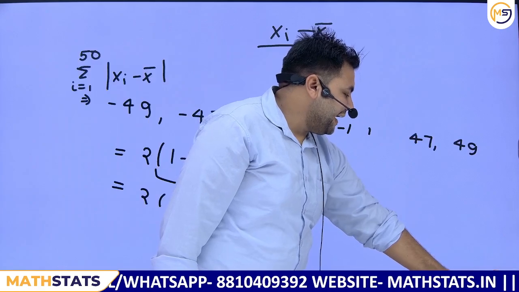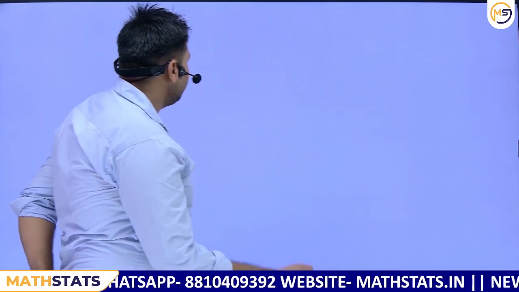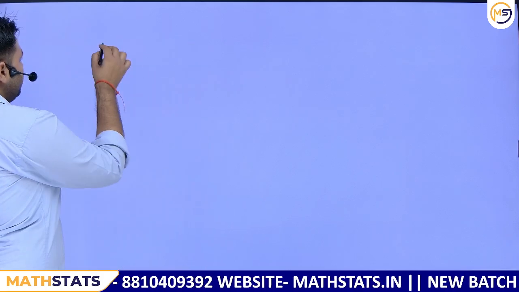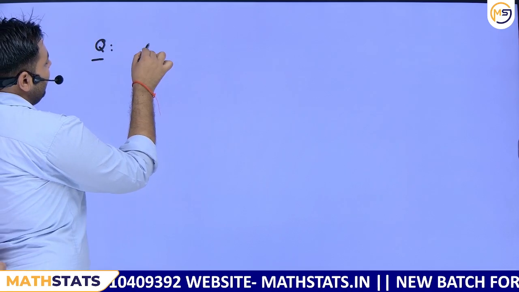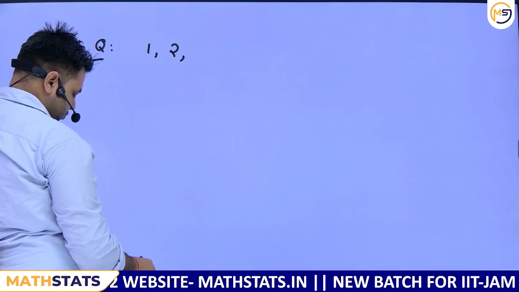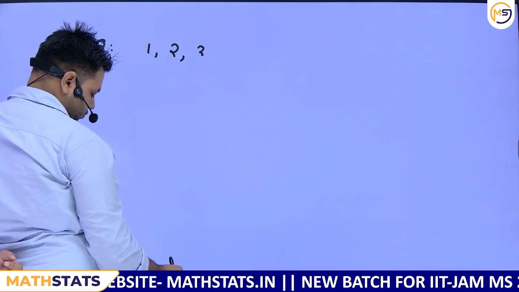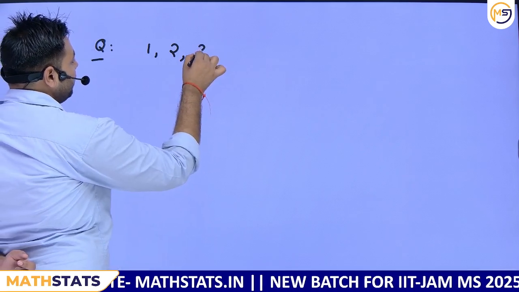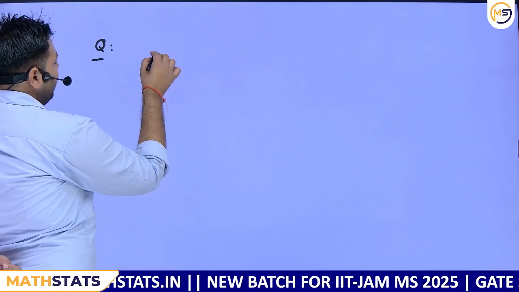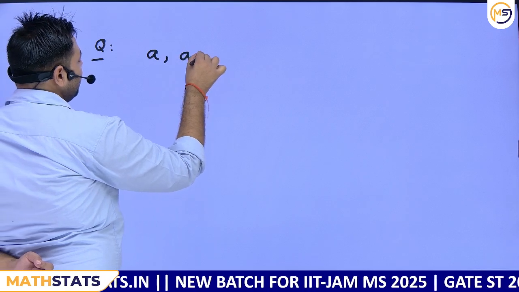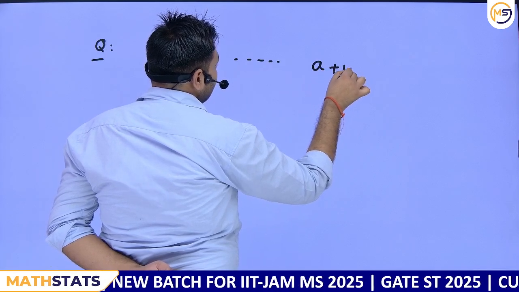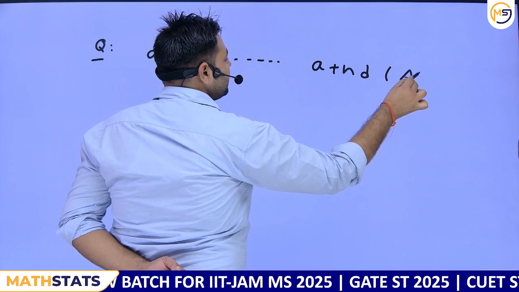This is your homework question. What is the series 1, 2, 3 and so on, a, a plus d, so on, a plus nd. These are AP series.